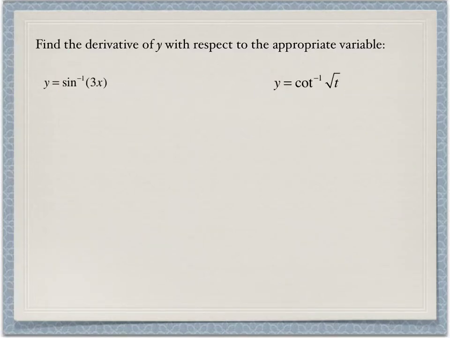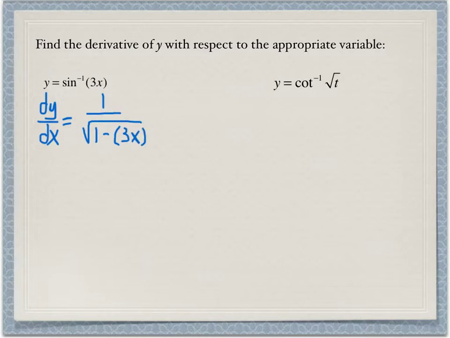Alright, here we go. Here's our first couple examples. Directions here: find the derivative of y with respect to the appropriate variable. So for instance, in this case we're going to find dy over dx. Now if we just apply that inverse trig derivative, we see that it's going to be 1 over, and then almost all these have a square root, 1 minus for the trig function here, and then whatever the function is, we basically have to square that.